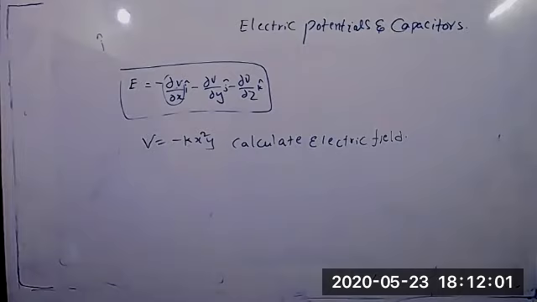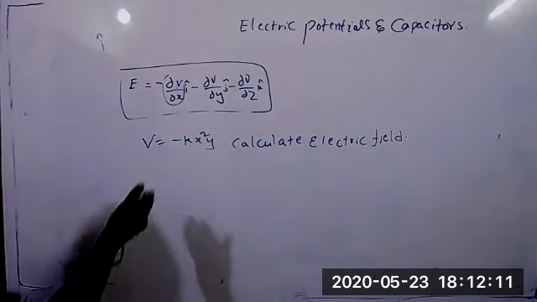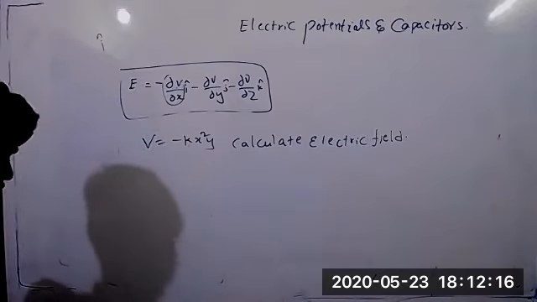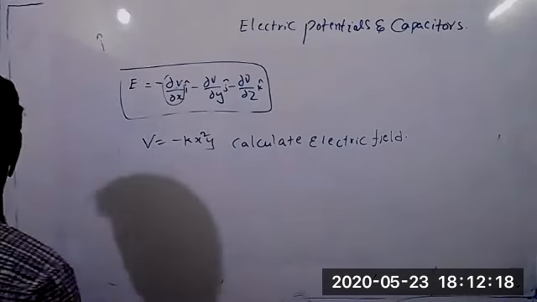Where is k, the constant? Obviously, when you are differentiating with respect to x or with respect to y, k will definitely be constant, because you can't differentiate k with respect to x or y.